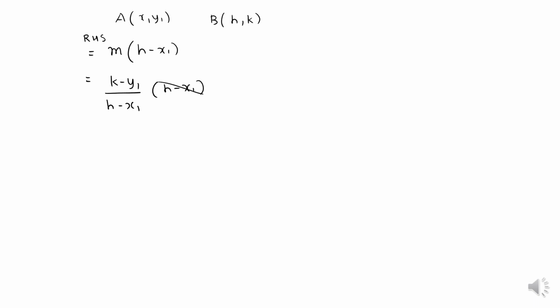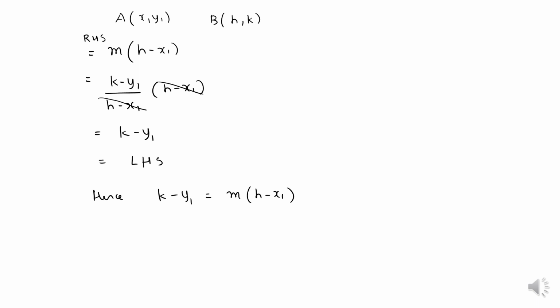So they both will cancel each other. What is left? k minus y1. That is nothing but your LHS. Understood? Hence, I can say k minus y1 is equal to m times (h minus x1).